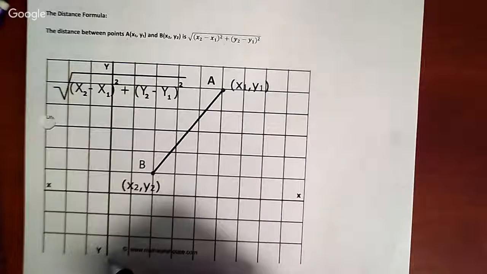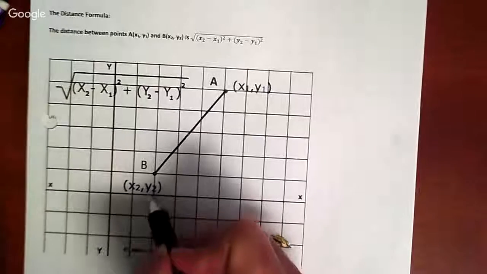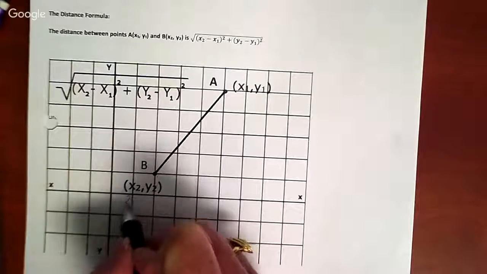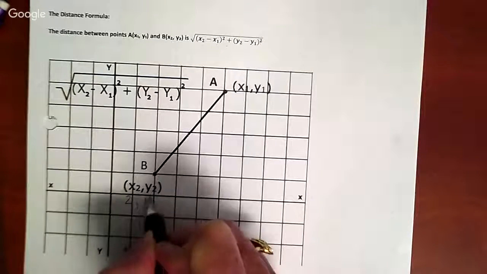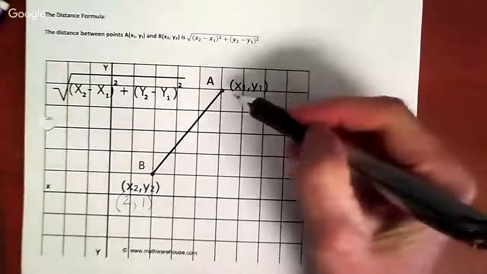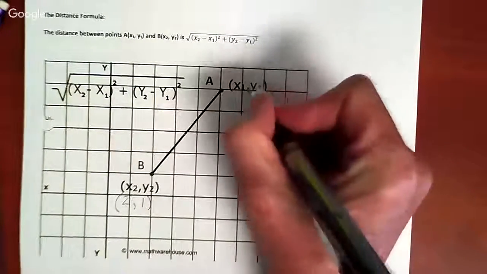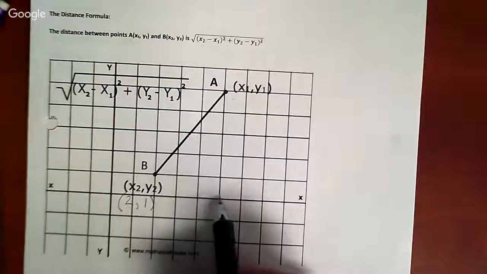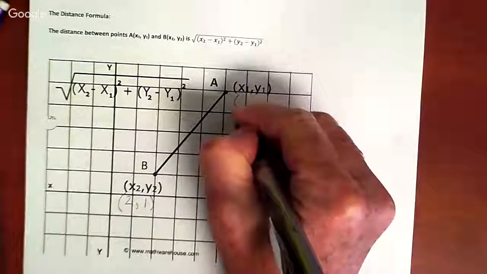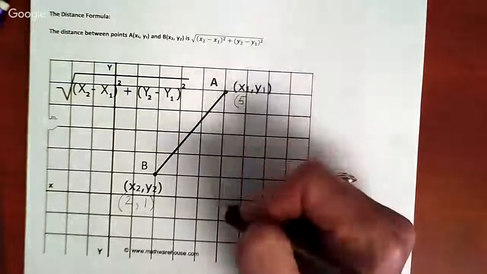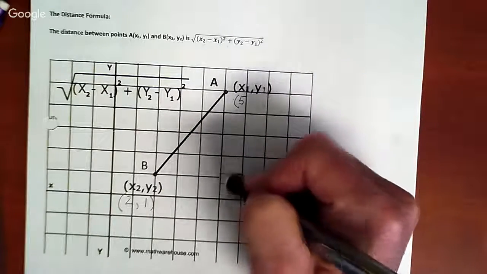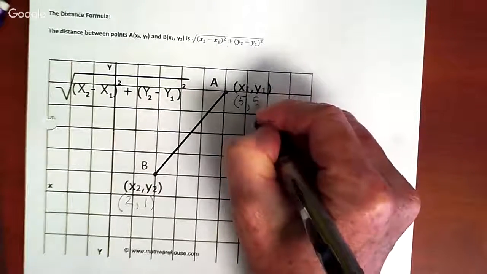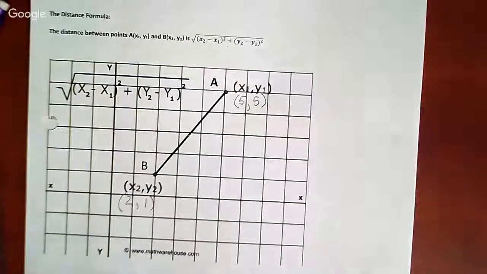This point here is 2 and 1. So my x value is 2, my y value is 1. This point up here is 5. If I count over 1, 2, 3, 4, 5, my x value is 5. My y value, if I count up, 1, 2, 3, 4, 5. So these are these 2 points.